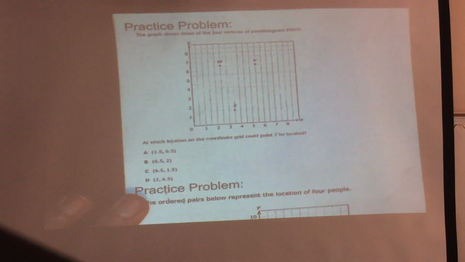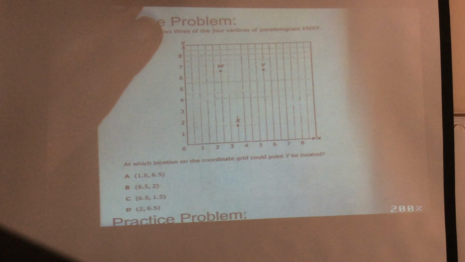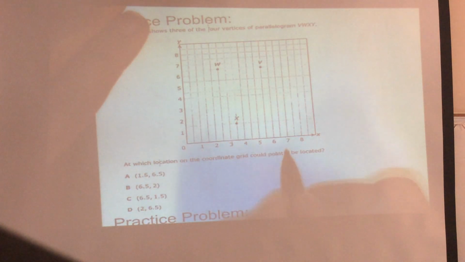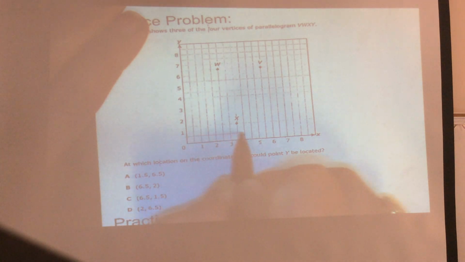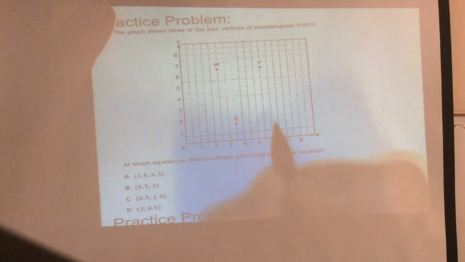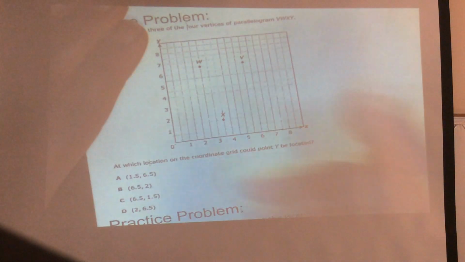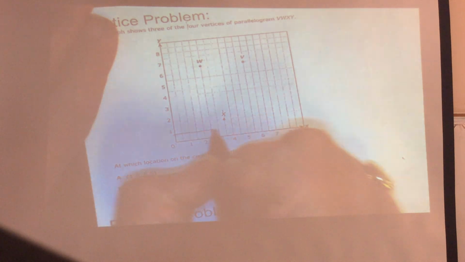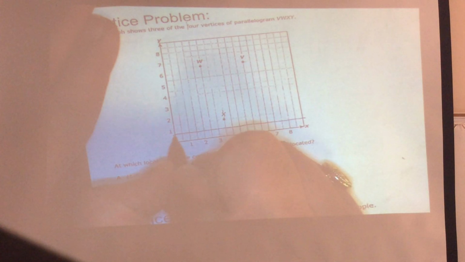For some reason, this page did not print as well as I would like it to, so I'm going to go ahead and fill in some lines. There should be a line in between the 0 and the 1. There should be a line.